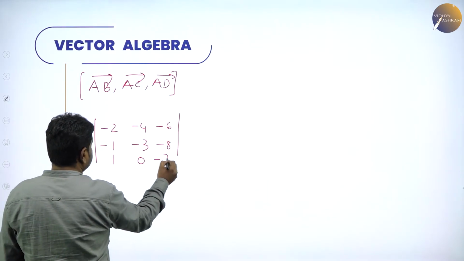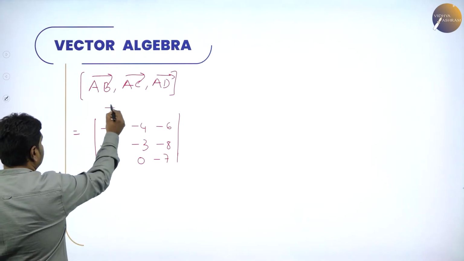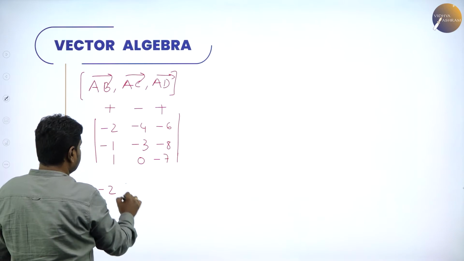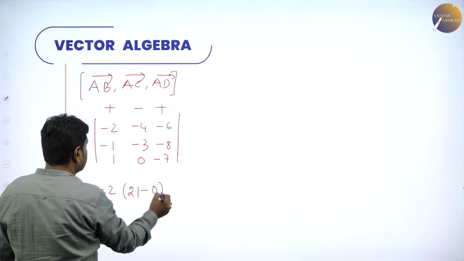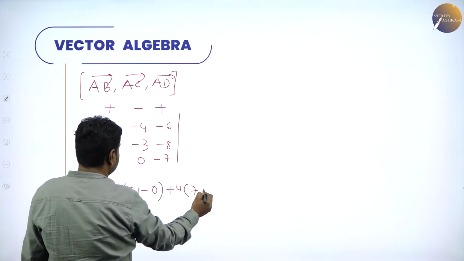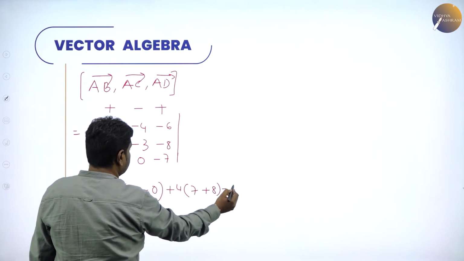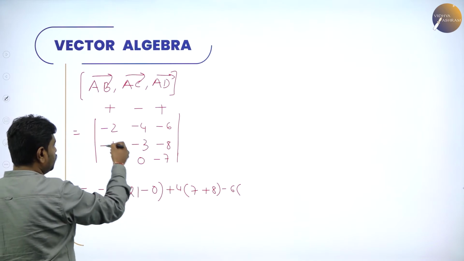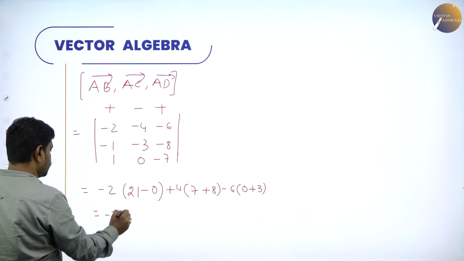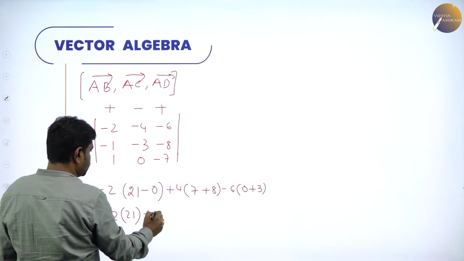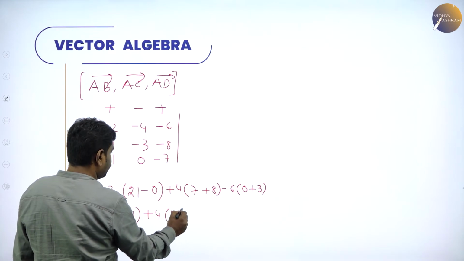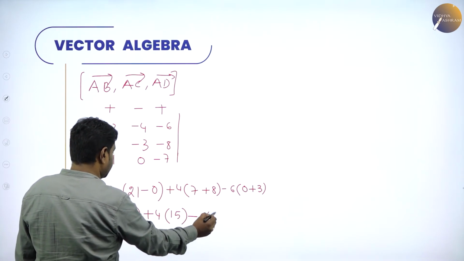Now expand this. Plus, minus 2 into, delete the column, delete the row, 21, plus 0. Minus of minus 4 is plus 4, delete the column, delete the row, it will become 7, plus 8. Minus 6 into, delete the column, delete the row, 0 plus 3. Now minus 2 into 21, plus 4 into 15, minus 6 into 3.